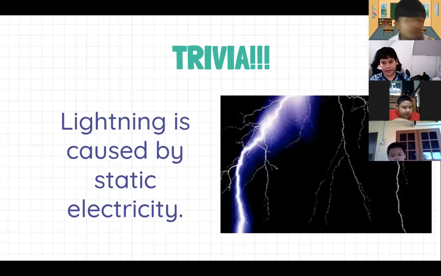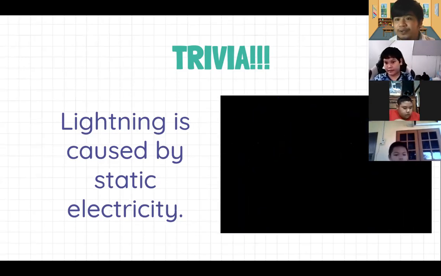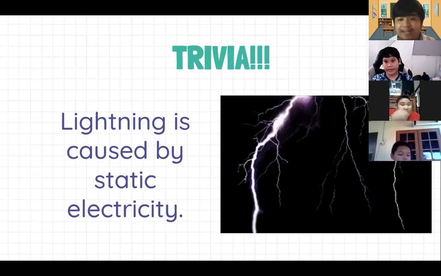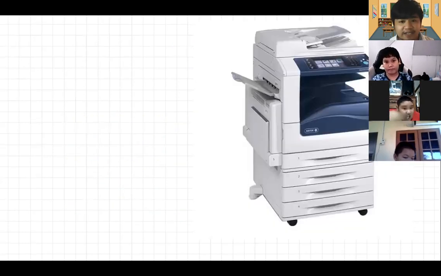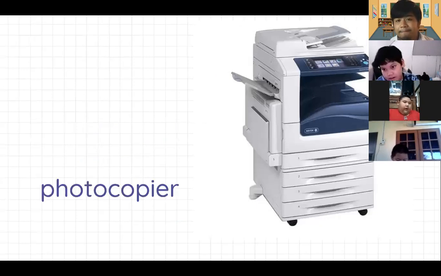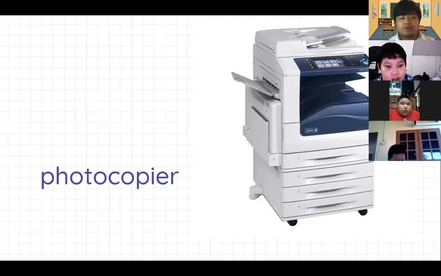All right. So what other objects use static electricity? Let's have, do you know this? Photocopier. When you finish photocopying, the paper feels very odd because it has static electricity.